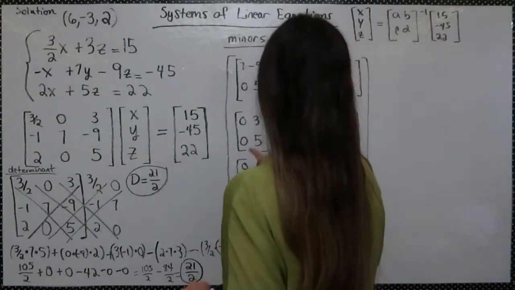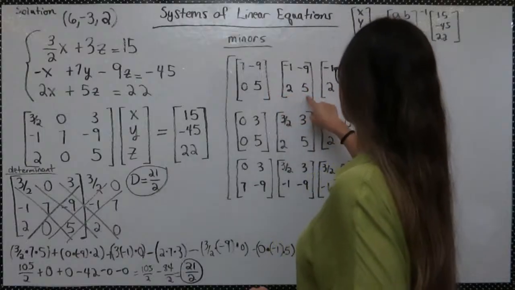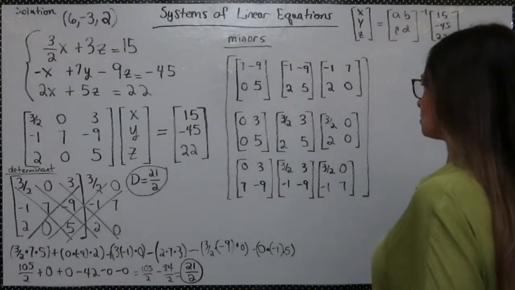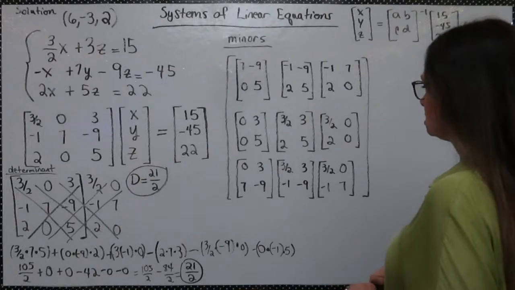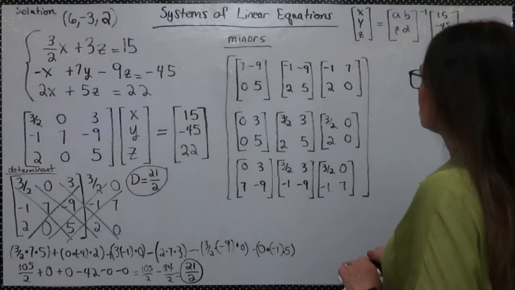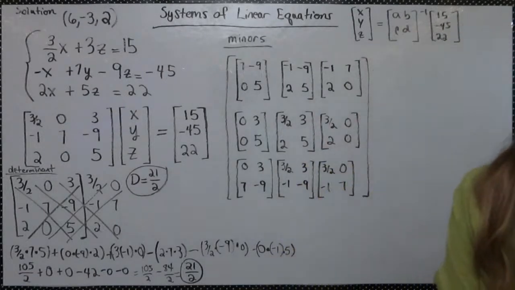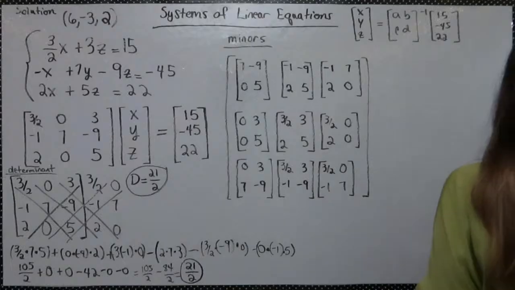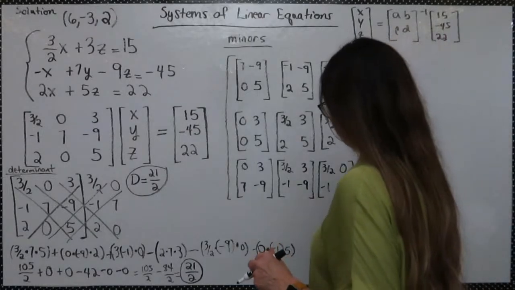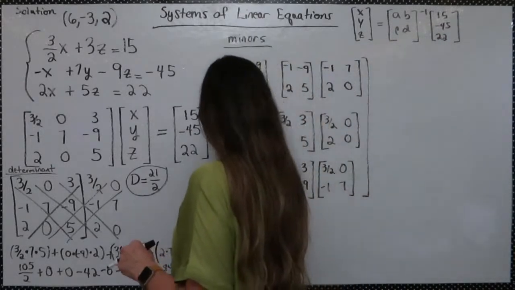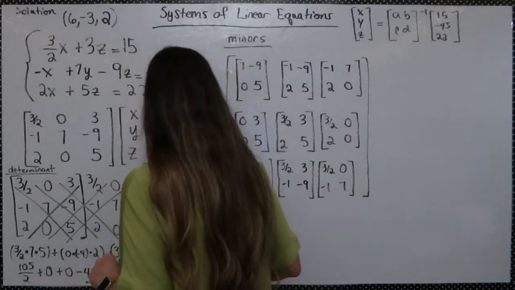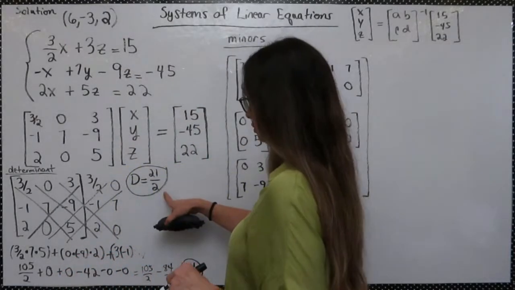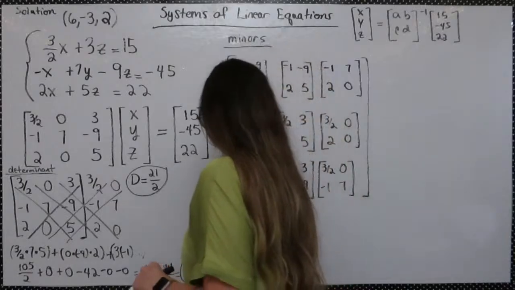I am going to go back and just really quickly make sure that they all look different. None of them look the same. That's usually a check in place. All right, I think that we have successfully done this. So what I'm going to do is erase a little bit of this, just what I need here. So we've got the determinant 21.